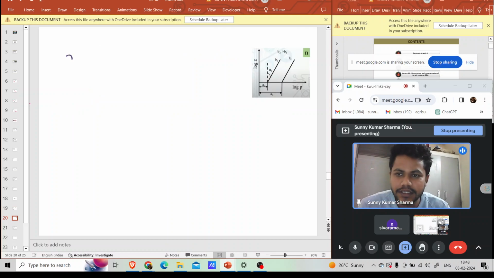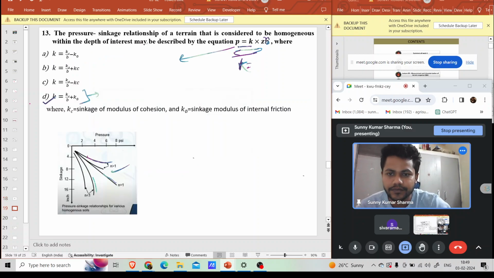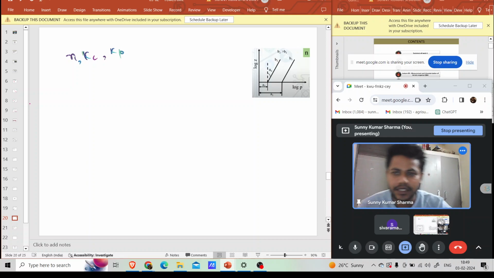So the main thing there is how to calculate the exponent of sinkage n, the cohesion modulus Kc, and the internal friction modulus Kphi. How will you calculate them from that formula? The formula which we have is pressure p equals k z to the power n.